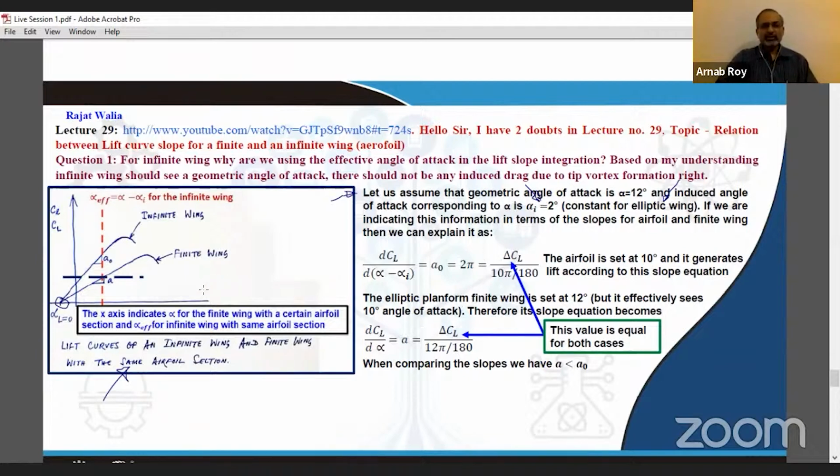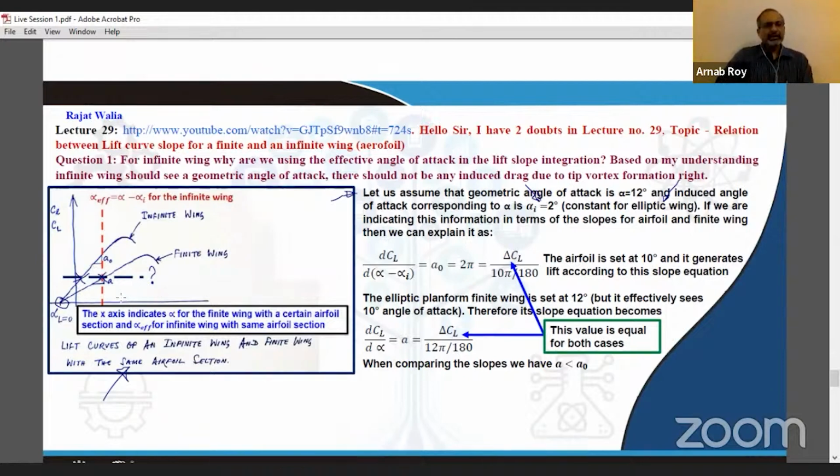So if we pose the question in a slightly different way, can we identify two angles of attack at which both the wings end up producing the same lift? That question can be answered by passing a dotted horizontal line like this, for example. So you identify two angles, one here, another over here, and you try to figure out how those angles are going to be related.